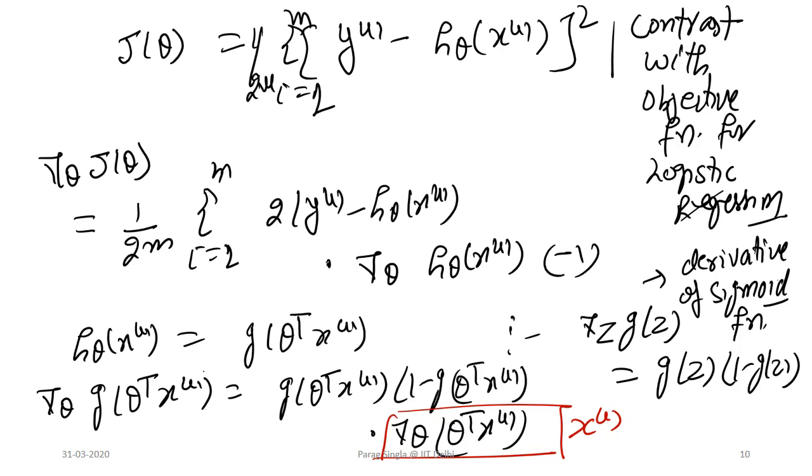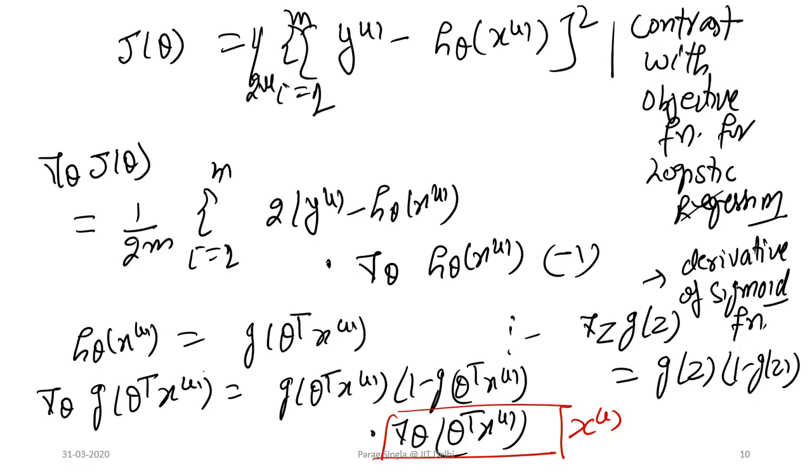Okay, so now let us quickly understand the form of the gradient descent. For that, we have to compute the gradient of J theta with respect to theta. This will be 1 over 2m, sum over i equal to 1 to m of 2 times y i minus h theta x i, times the gradient of h theta x i, times minus 1.